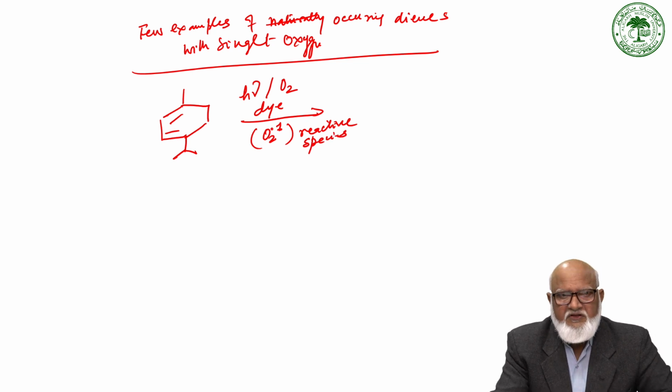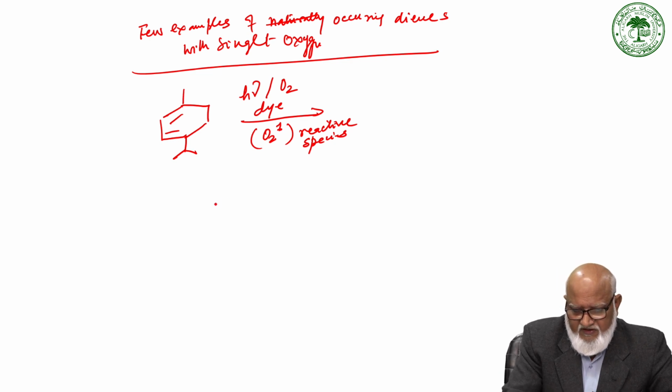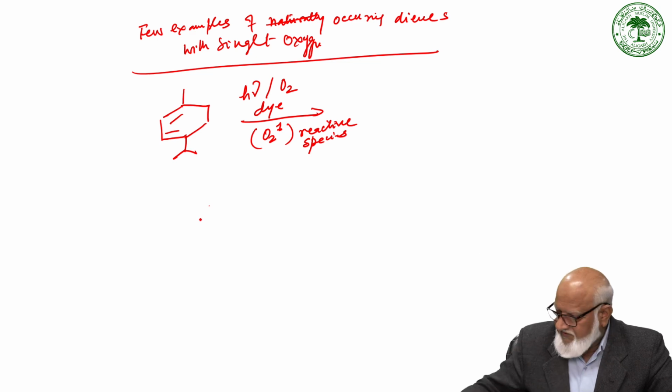Generated during irradiation. Here what happens is the dye goes to an excited state.